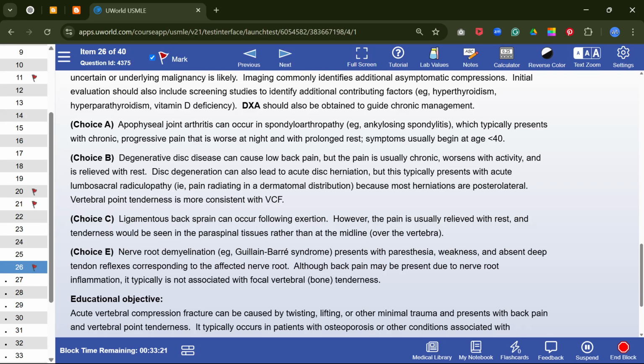Disc degeneration can also lead to acute disc herniation, but this typically presents with acute lumbosacral radiculopathy, pain radiating in a dermatomal distribution, because most herniations are posterolateral. Vertebral tenderness is consistent with VCF.